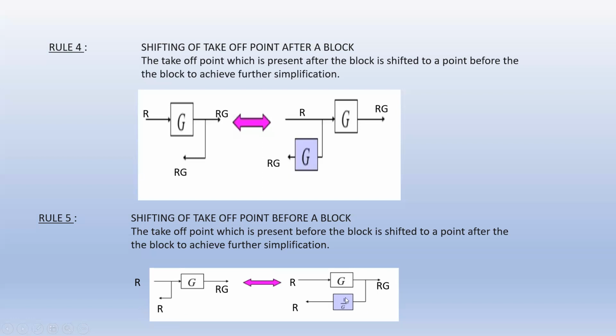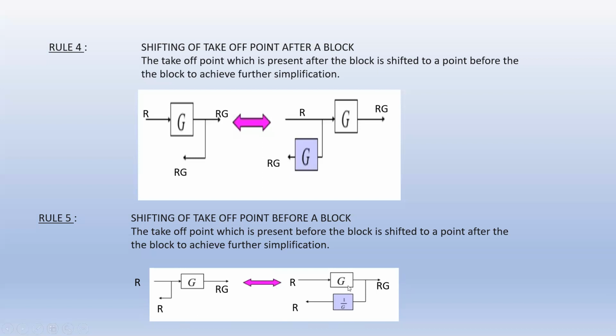So we add another block of gain 1 by G over here, so as to compensate the multiplication of this gain G, so as to get R. Remember the main point here is to get the same output at both the takeoff points. So this is how we shift these takeoff points before and after the blocks as per our simplification and calculations.